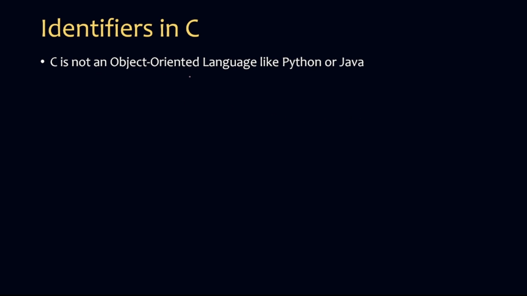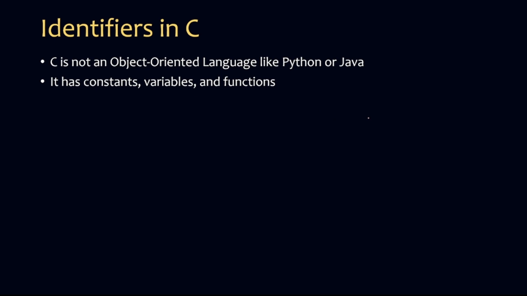C is not an object-oriented language like Java. It does not have classes, and thus it does not have any class methods, any class objects, and anything like that. But it has constants, variables, and functions. Very simple blocks that somehow run your entire computer architecture.